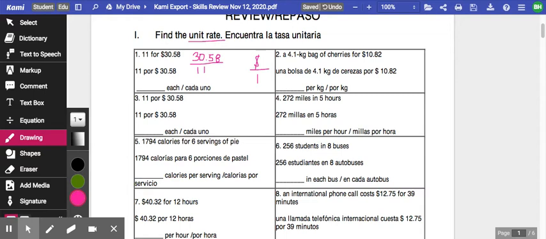When you do 30.58 divided by 11, we get $2.78. I'm going to do that out again, so 30.58, just so that we know what we're doing.